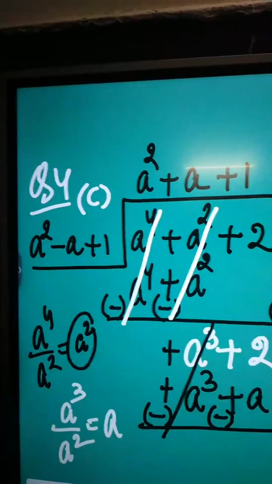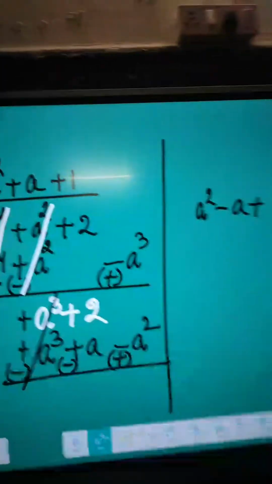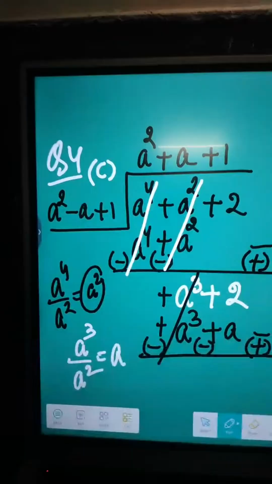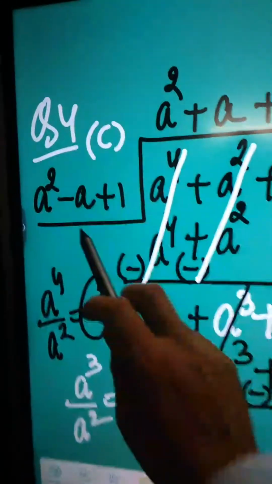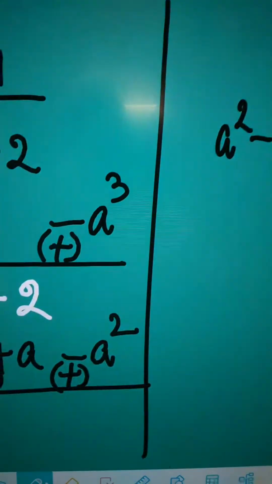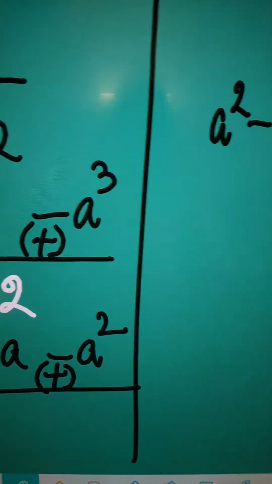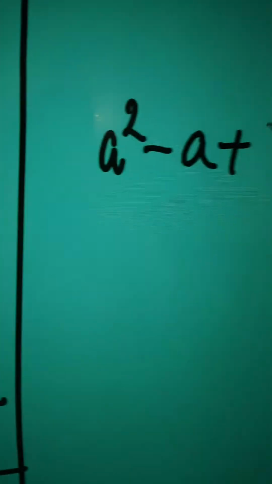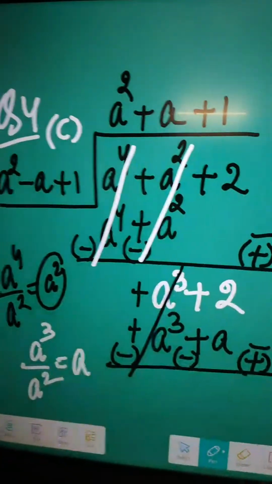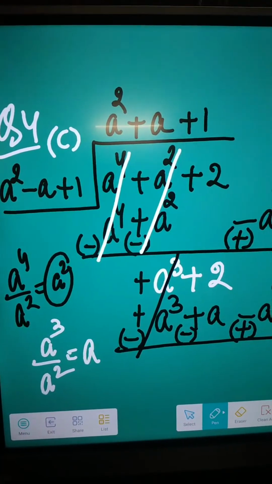Now multiply: a² into 1 is a², minus a into 1 is minus a, and 1 into 1 is 1.